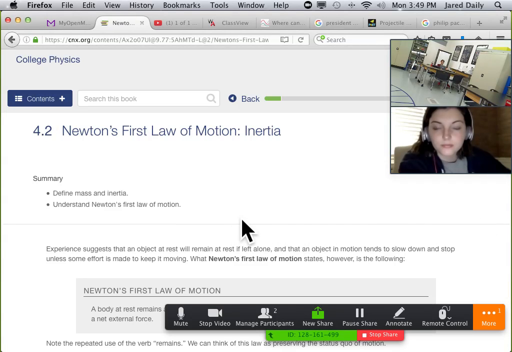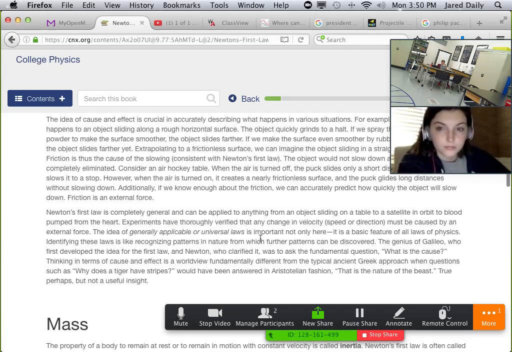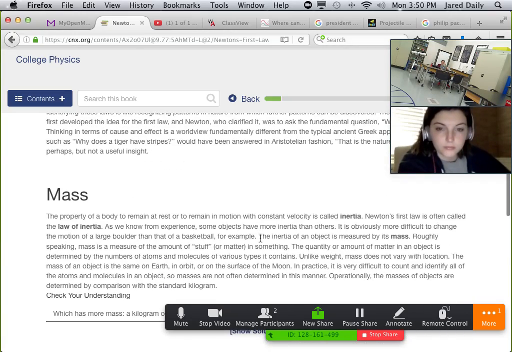Newton's first law of motion, law of motion, not law of emotion, is called the law of inertia. Inertia is a word from Latin, I believe, and it means to remain, or to stay, or to be unchanged.